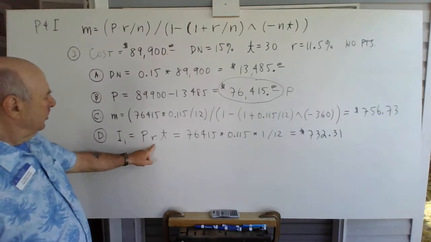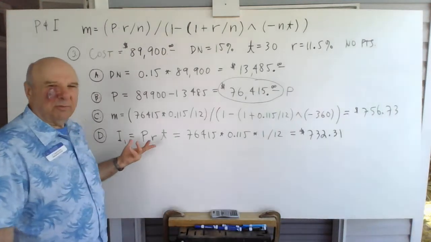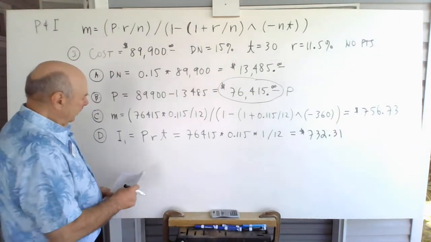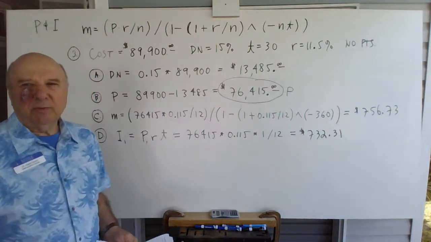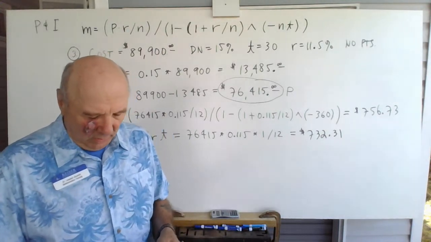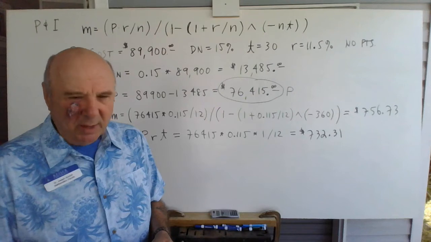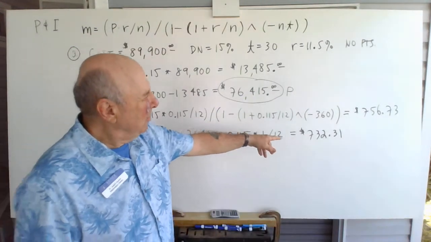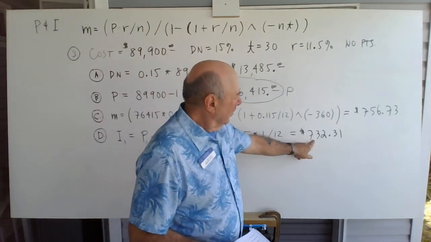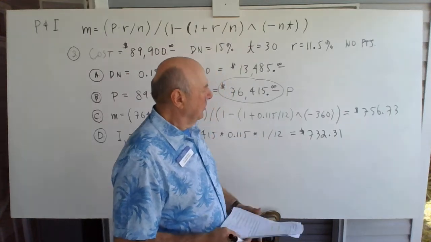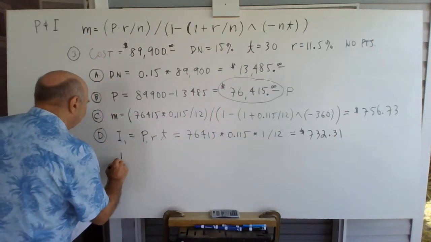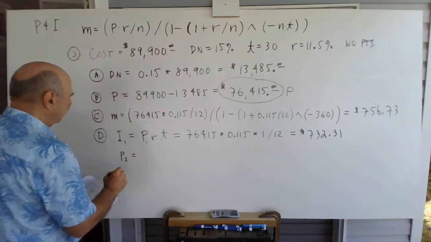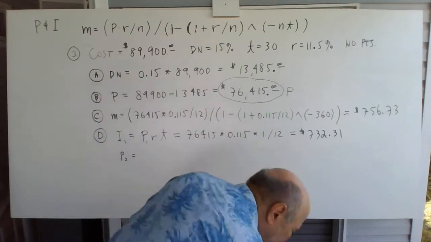You can double check my arithmetic. Remember, I equals PRT. I put I1 because it's the first month. So this would be P1. That's the first original interest. So it says how much of the first payment is applied to principal. So you can see almost all of it wipes out the payment. There's only how much left. So P2, I shouldn't say that, not P2.